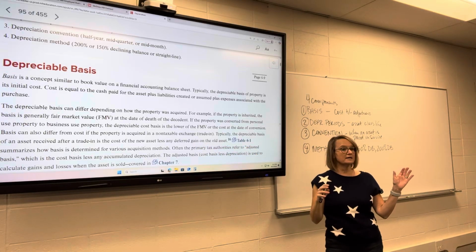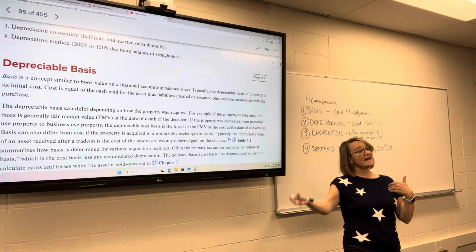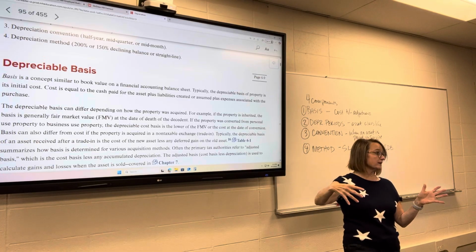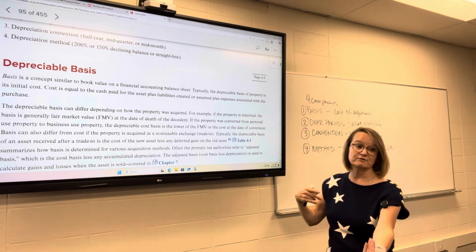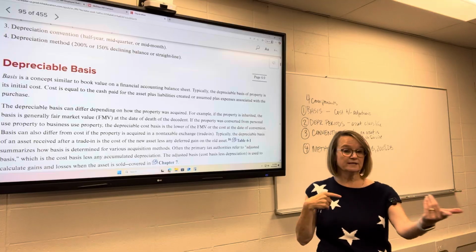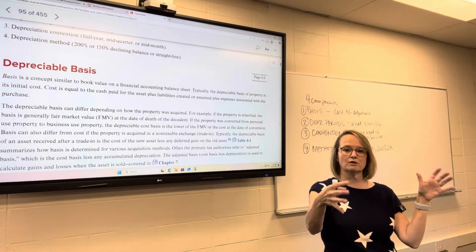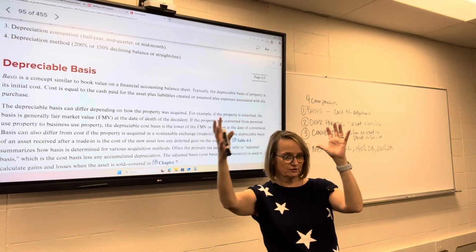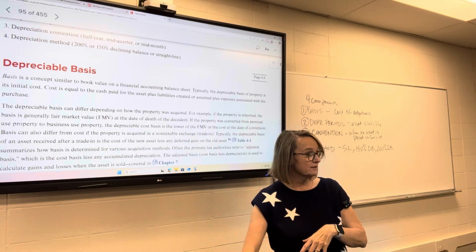So if I had a building and if I were to sell it, I would get $100,000 gain on that building. I'd receive $100,000 gain that I'd have to pay tax on. But instead of selling it, I'm going to exchange it. I'm going to trade it in for another building. Now, instead of paying that tax on that $100,000 gain right now, I'm going to transfer $100,000 to the new building, reducing the basis of that building.